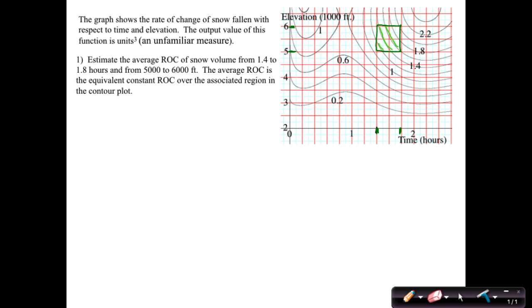All right, what did you guys come up with? So again, it's just an eyeball, just an estimate. What number might you slap on there and say this one value of rate of change kind of represents the rate of change for this time change and elevation change? What do you think?